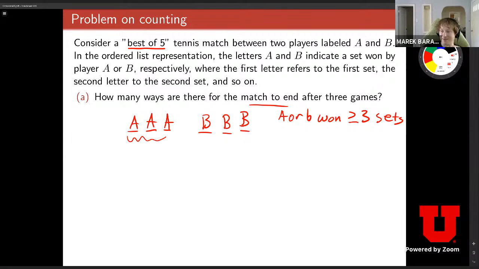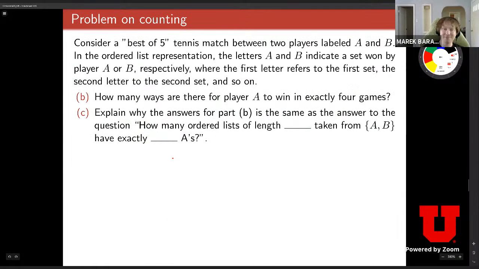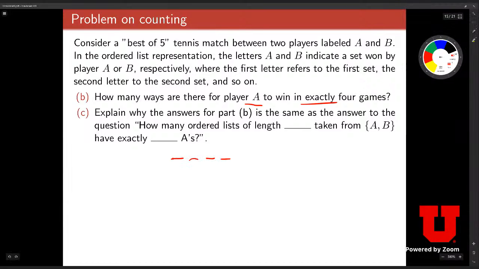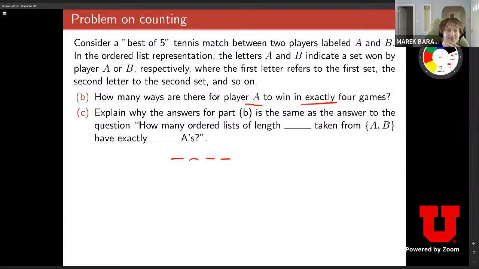And then rapid fire will do this one. How many ways are there for A to win in exactly 4 games? I think this is meant to say sets. So in order for A to win in exactly 4 games, A had to have won the 4th set.